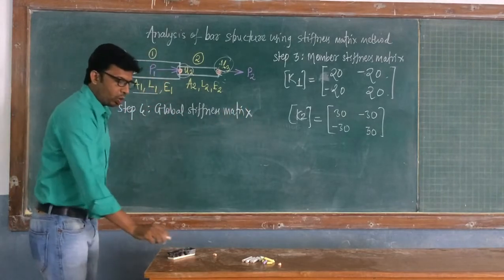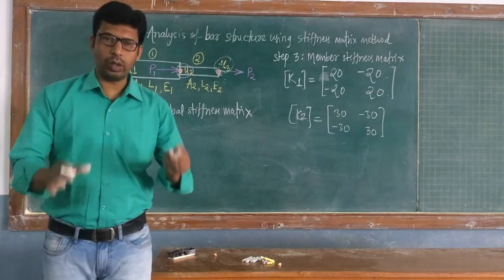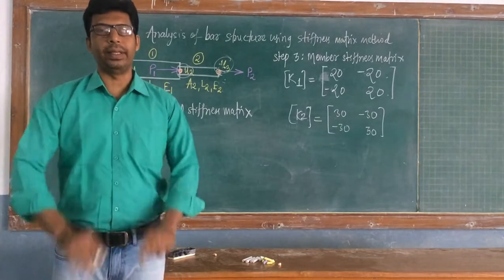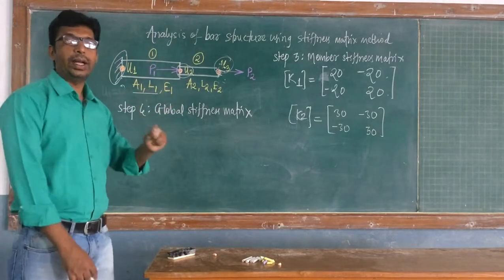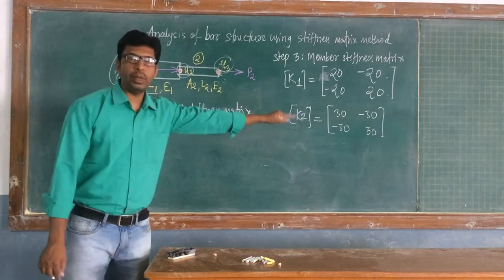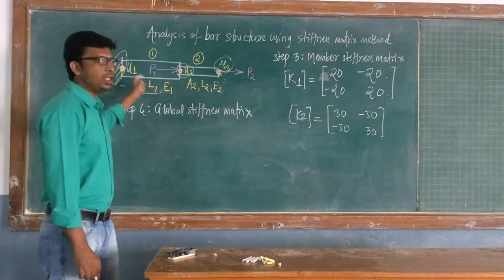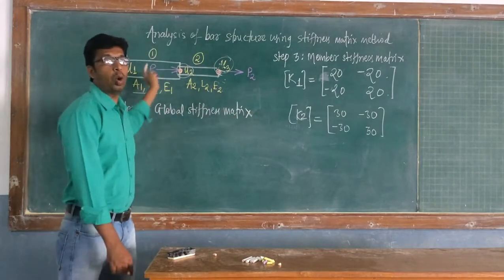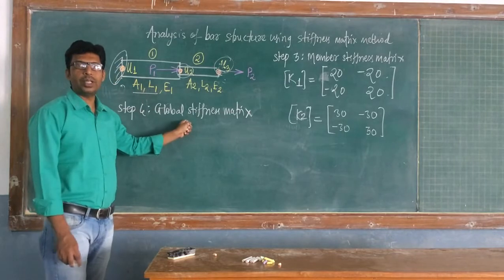Now the global stiffness matrix is nothing but the stiffness matrix for the whole bar assembly, for the whole bar structure. This is for each member separately, K1 and K2, but the global stiffness matrix is for the whole bar structure combined.